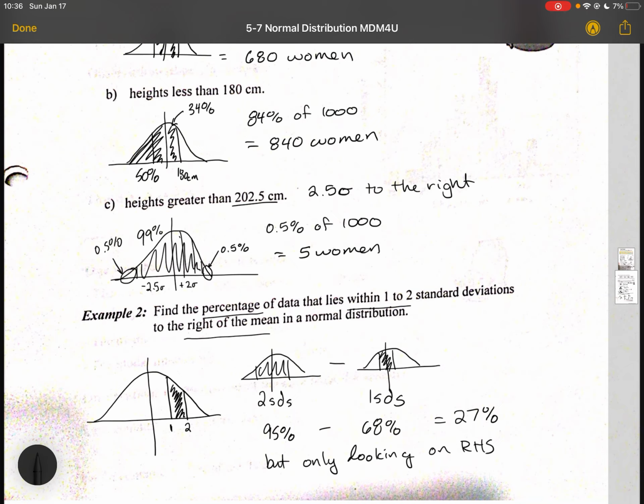So this is really what I found here, those two areas added together. So that means that I need to do 27% divided by 2, which is going to give me 13.5% of the data lies within 1 to 2 standard deviations to the right of the mean in a normal distribution.